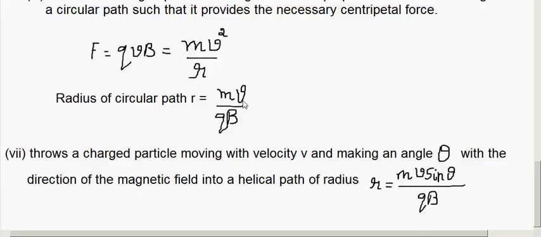Here it is mv by qB, but here mv sin theta by qB. Now those are some of the properties of the force due to the magnetic field on a moving particle.